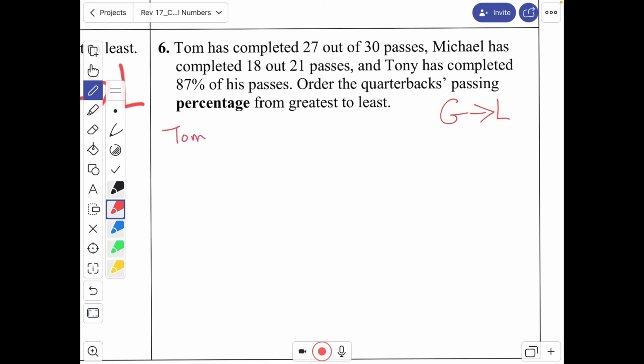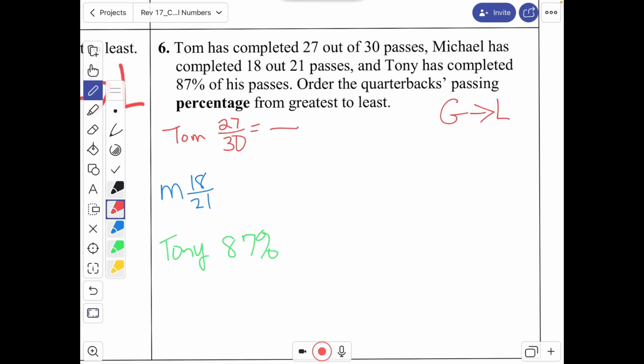So we have Tom with 27 out of 30, Michael with 18 out of 21, and Tony with 87%. Since Tony's already a percent, we just need to change Tom and Michael.